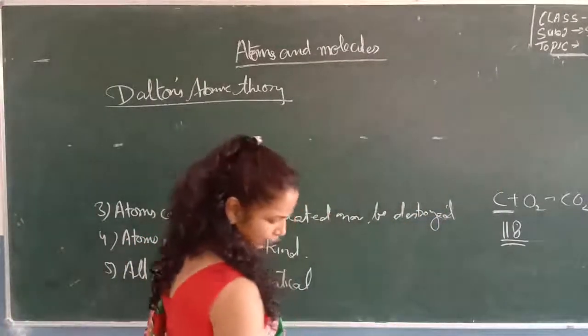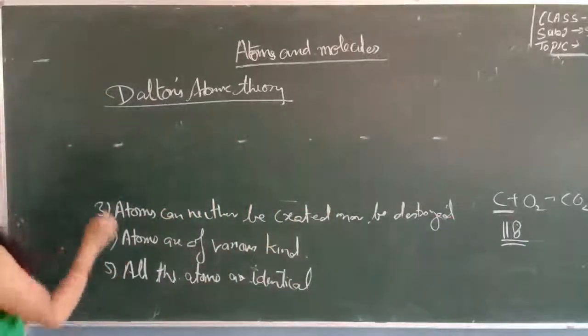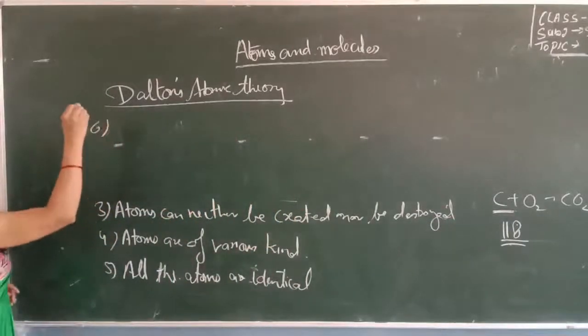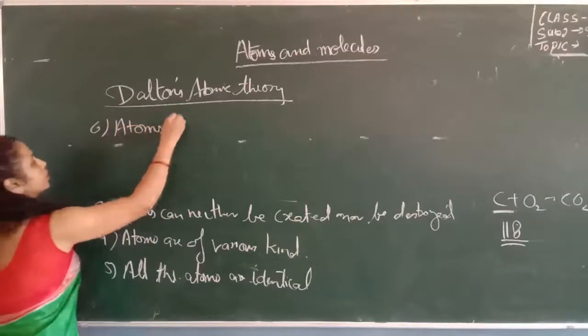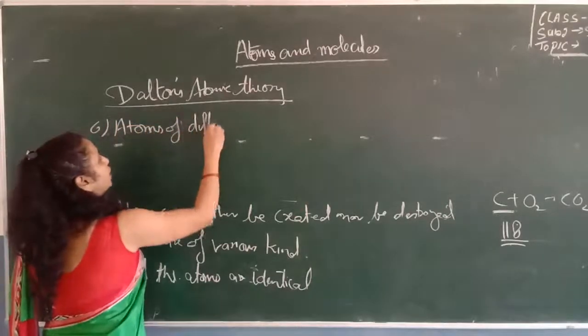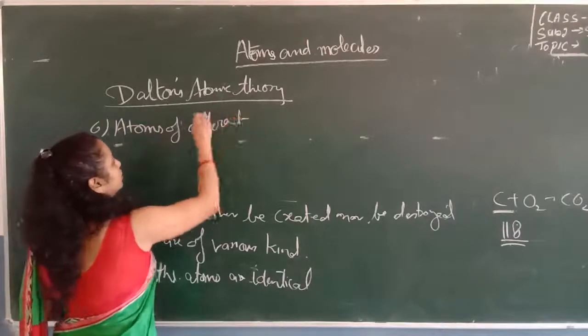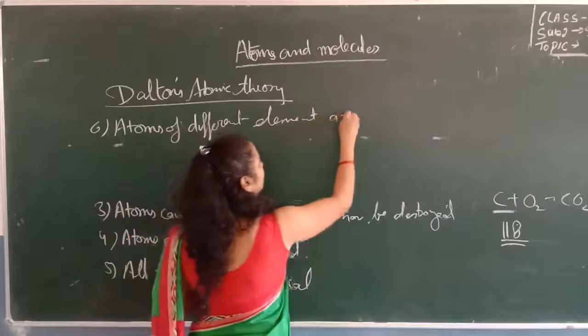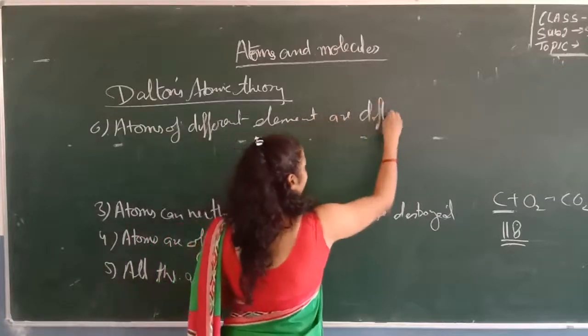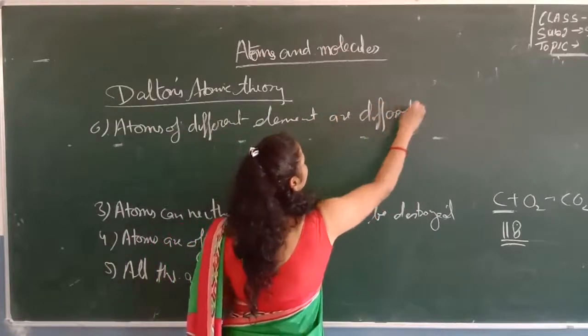The next point is atoms of different elements are different in every aspect. What is the meaning of the sentence?